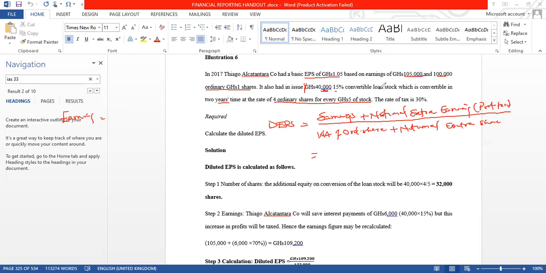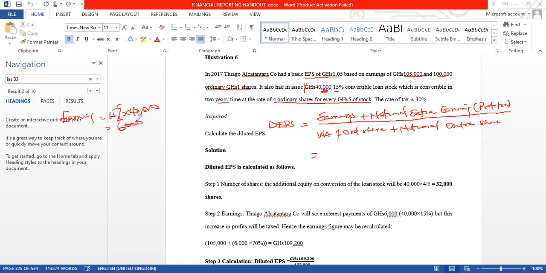The notional earnings coming in are the interest that we will no longer be paying. The interest was 15% convertible on this nominal, so 15% multiplied by 40,000 gives us 6,000.